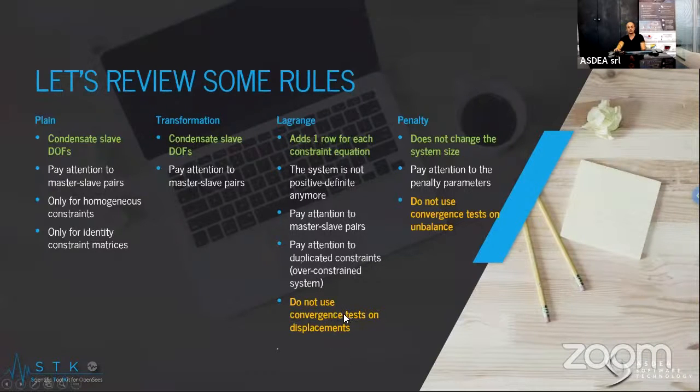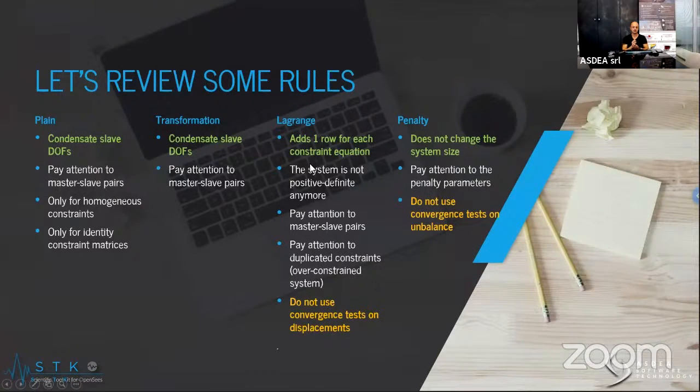And then you have an extra problem here, which is common to the penalty one. That's why it is in orange. With the Lagrange multiplier method, if you know how the Lagrange multiplier works, you cannot use a convergence test on the displacement. Why? Well, you need to have a little bit of background on constraining equations with Lagrange multipliers.